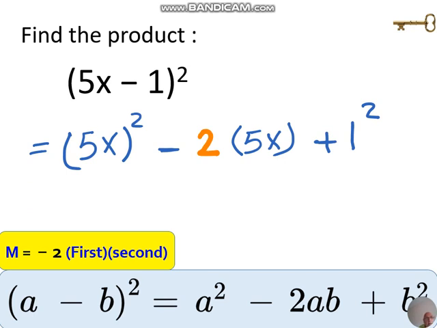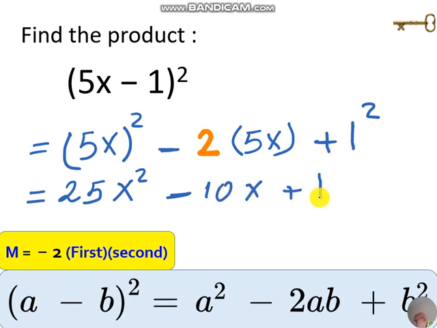Equals 5x quantity squared means 5x times 5x, I get 25x squared, minus 2 times 5 is 10x, plus 1 squared means 1. This trinomial is a perfect square trinomial because I can write it as a binomial to the power of 2.